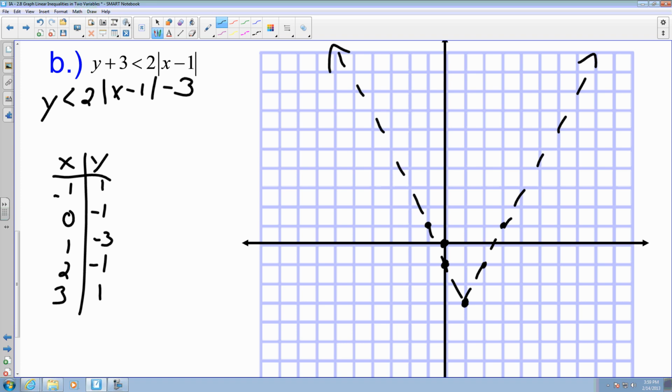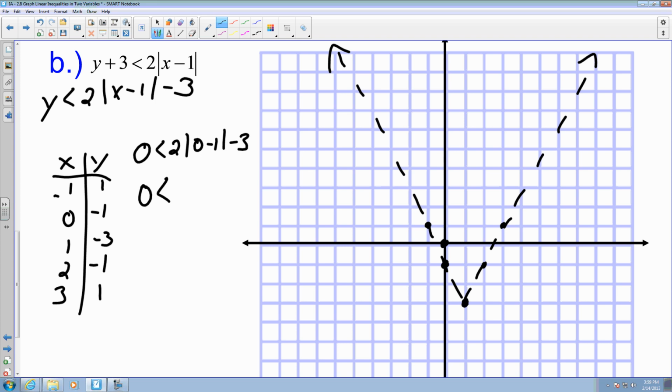Okay, now I can use the test point of 0 comma 0 because it's not on the boundary line. So I say 0 is less than 2 times the absolute value of 0 minus 1, all minus 3. Let's see here. 0 minus 1 is negative 1.